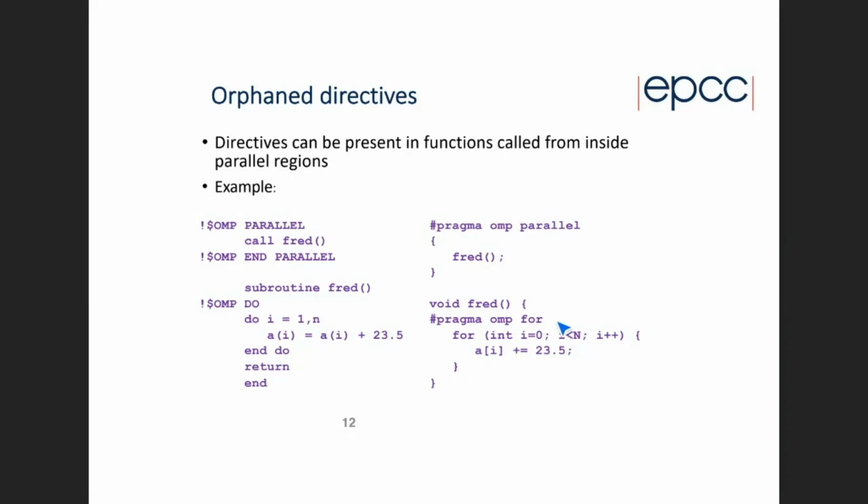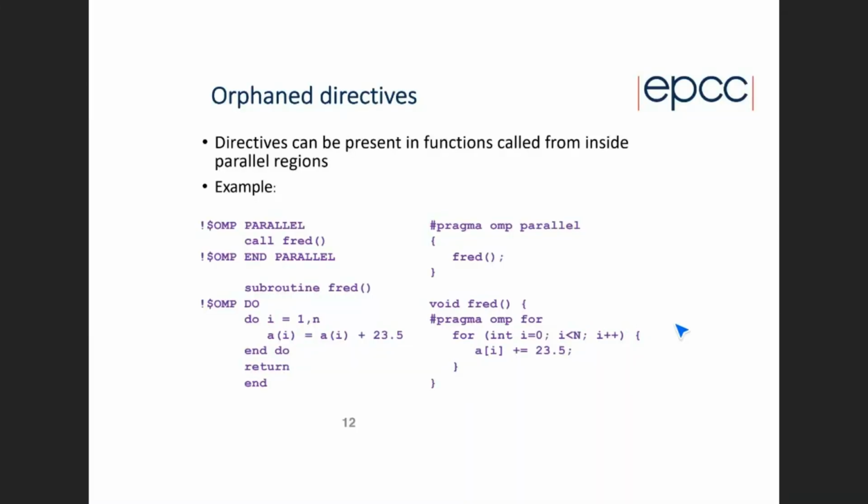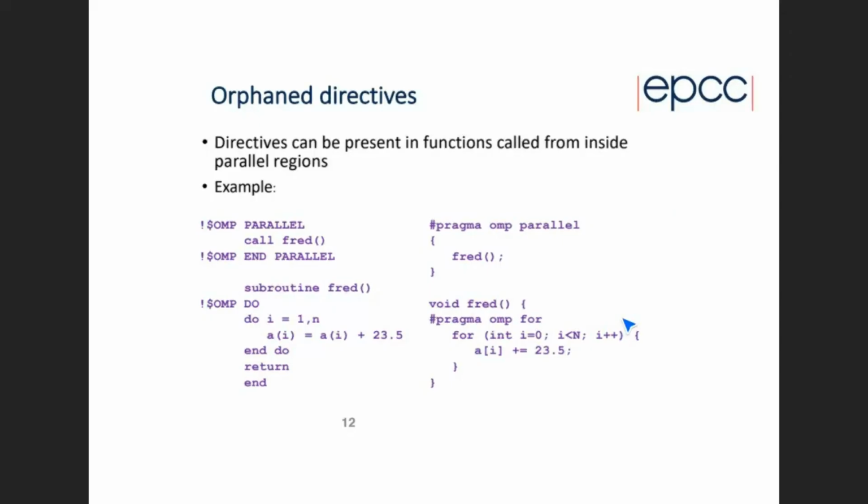I have to qualify that very slightly because, for example, if you have variables in private or reduction clauses on this directive, then the creation of those private copies will still happen.